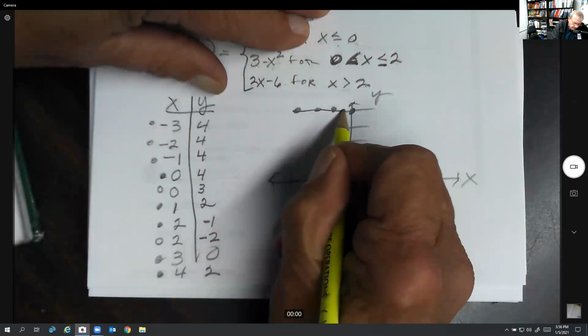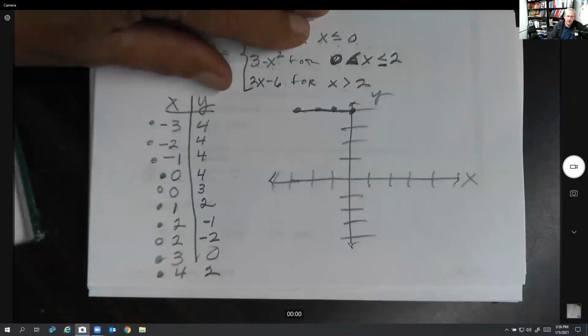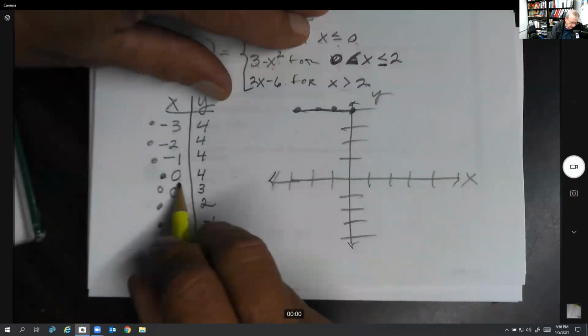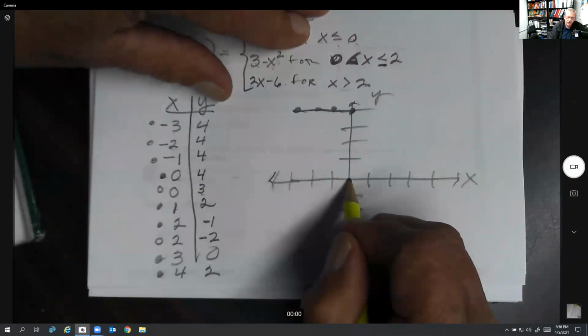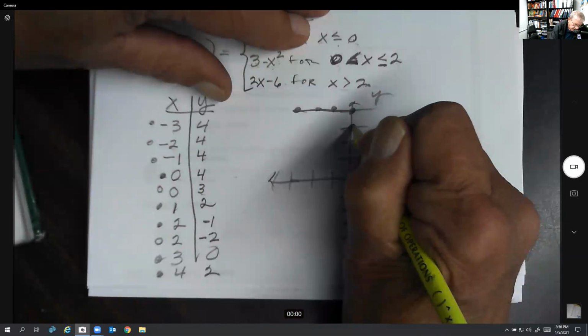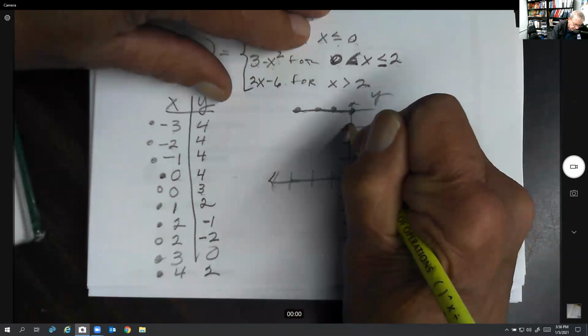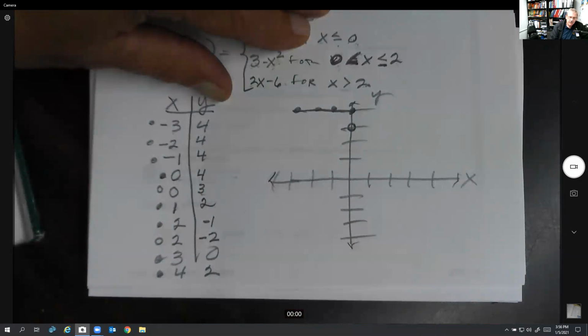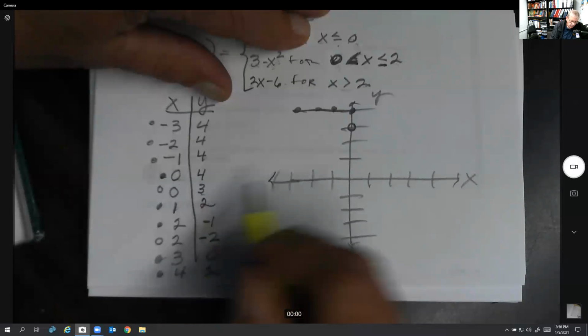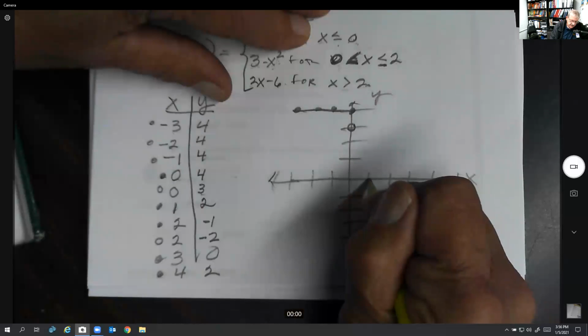So this is going like this. Here's our function. It's going straight across. Then all of a sudden, at 0, it says it's also equal to 3. It's also equal to 3. But it says it's an open problem. Open, so we'll put an open dot. At 1, it's at 2.